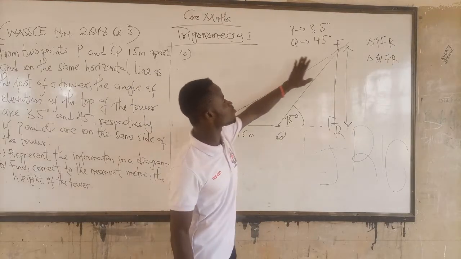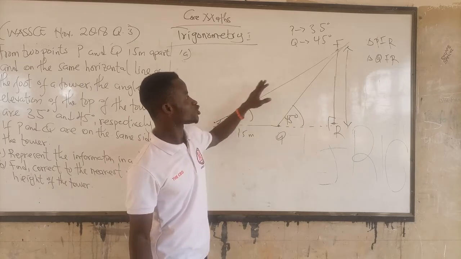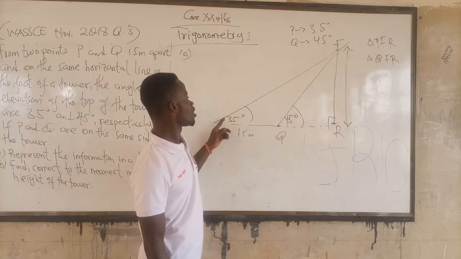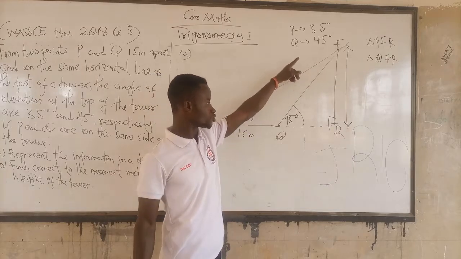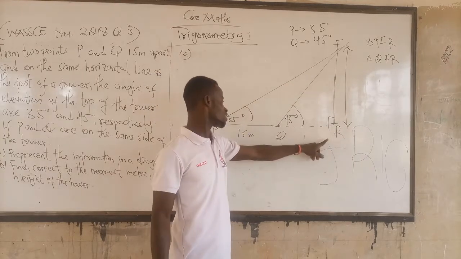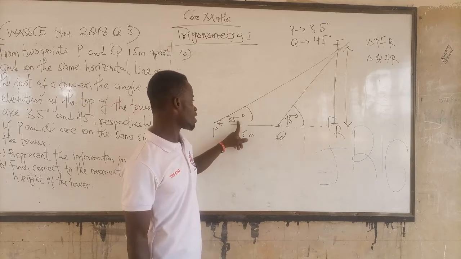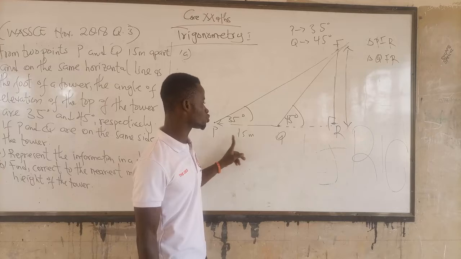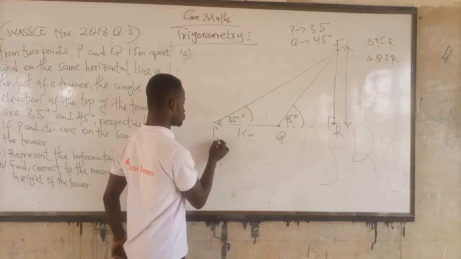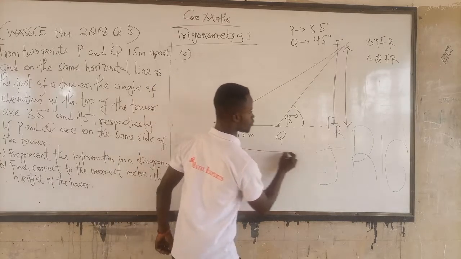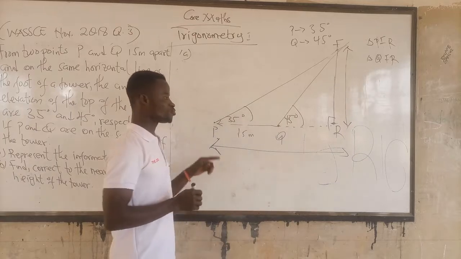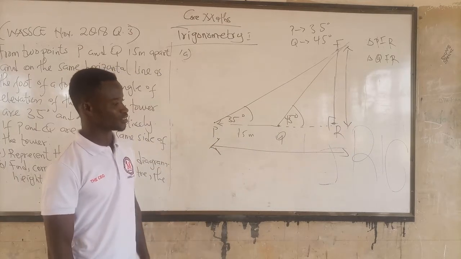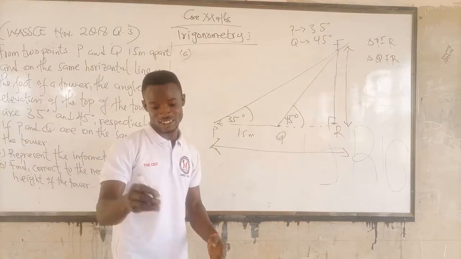If you consider the bigger triangle, triangle PFR, we don't know the hypotenuse, we don't know the side here, even though you know one angle, because we only know the side from B to Q, but we don't know that of P to R. So how are we going to solve it? It's just simple. Let's see.